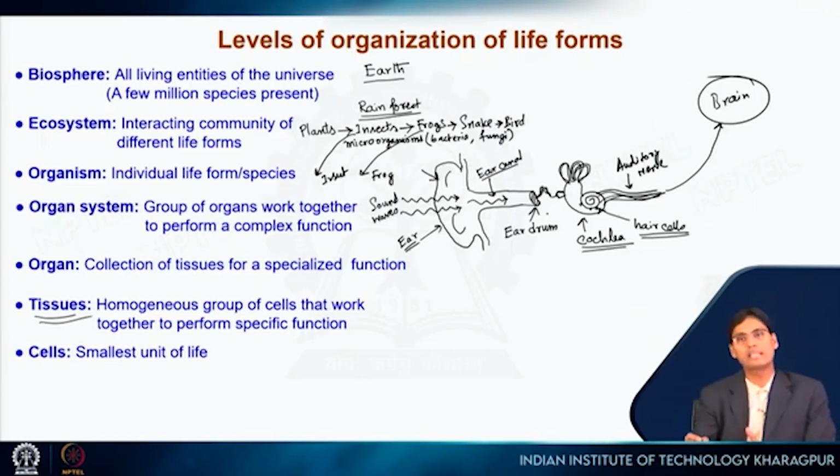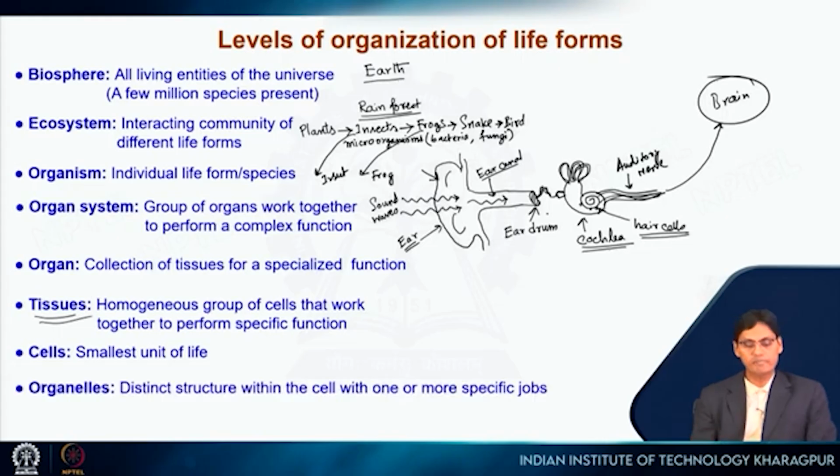The eardrum has cells. The cochlea has cells, for example hair cells. And if you see the fundamental mechanisms going on inside the cells, they are very similar to each other. Although the function of the eardrum and the function of hair cells are different, at the cellular level their activity is very similar to each other.